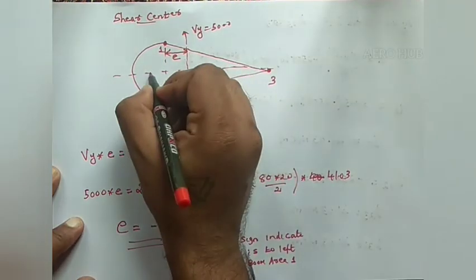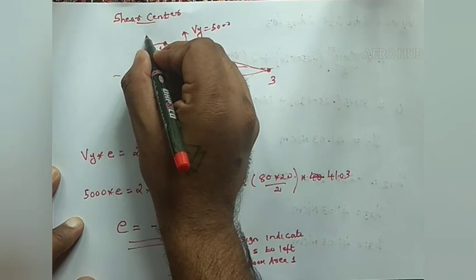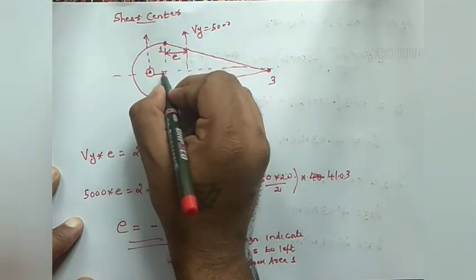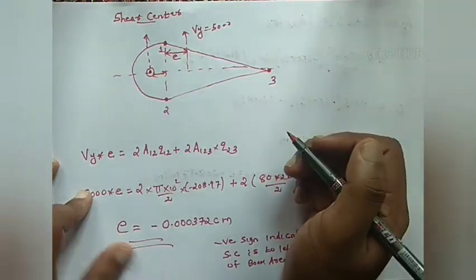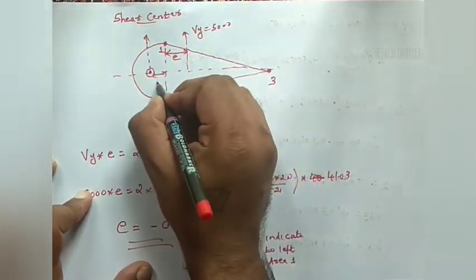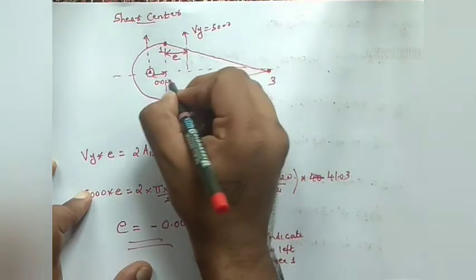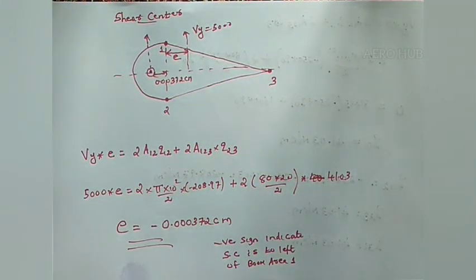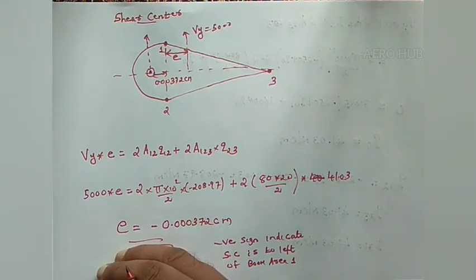Somewhere here, this is the boom area, this is the shear center. The distance is 0.00372. It's really minor because we have taken the moment about point 1.